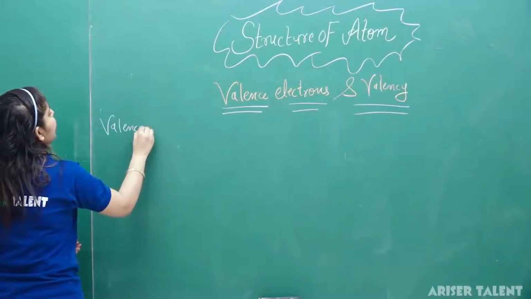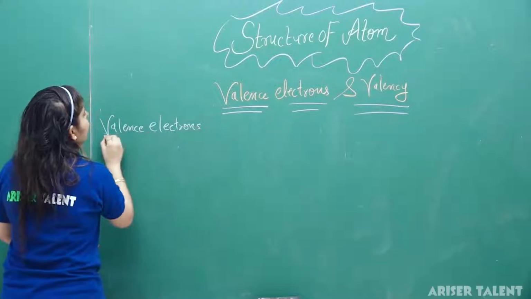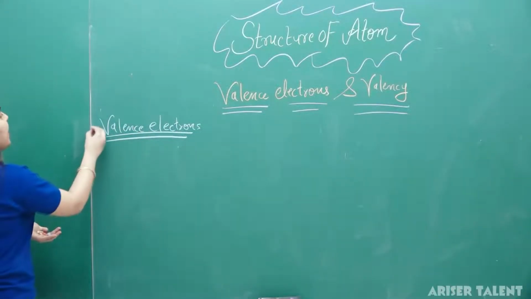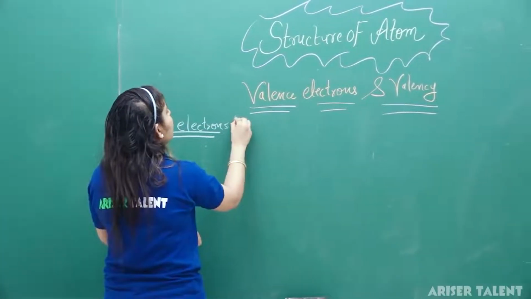So, what actually are valence electrons? Valence electrons are the number of electrons present in the outermost shell of an atom.